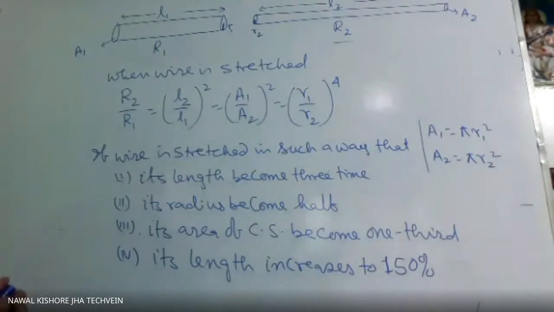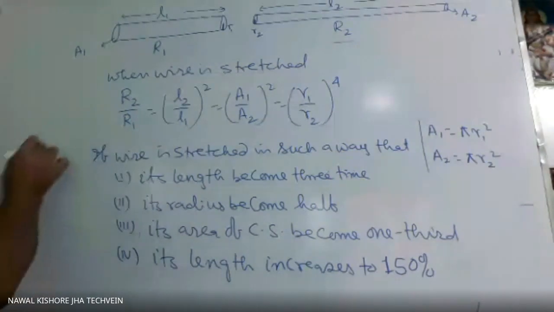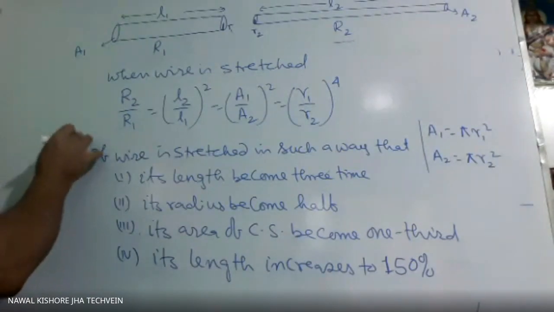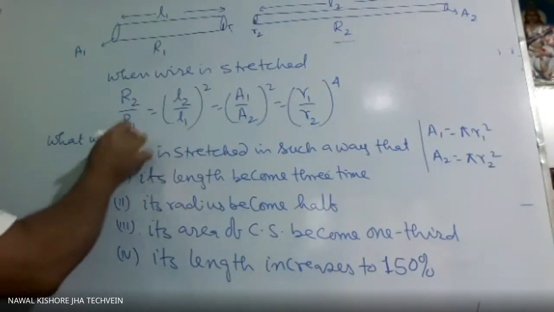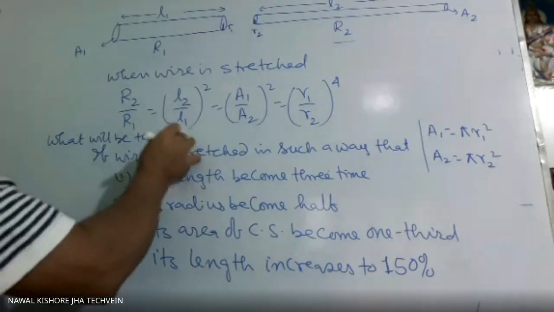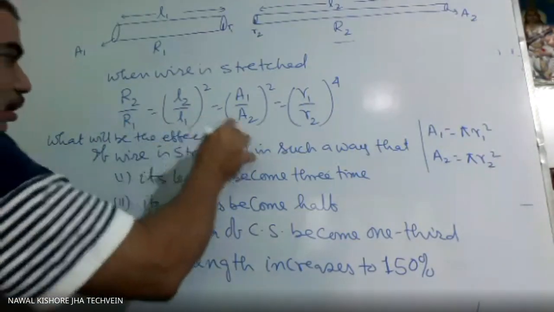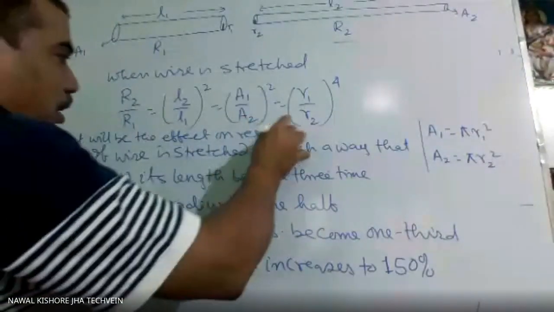You are asked what will be the effect on resistance of a wire if wire is like this.